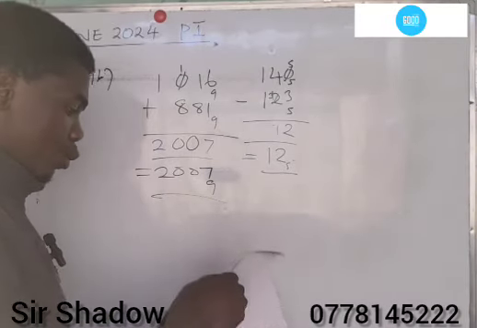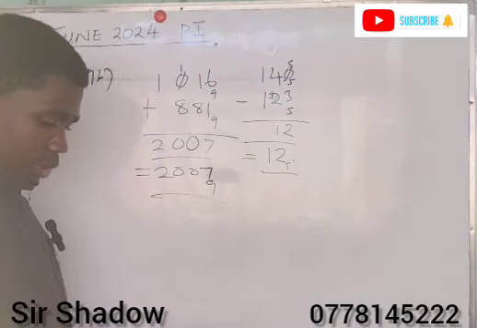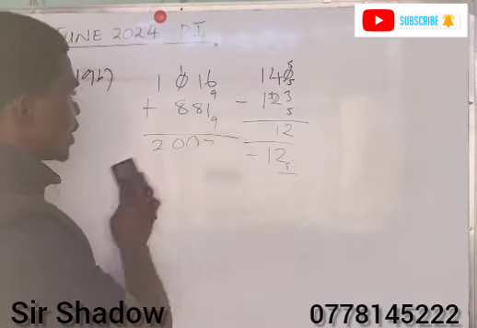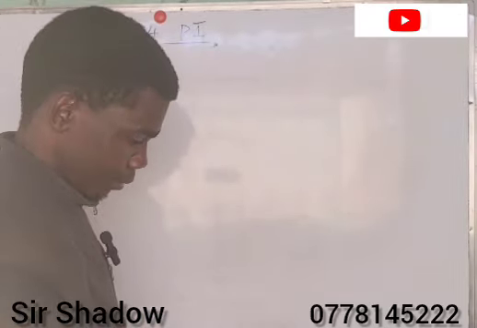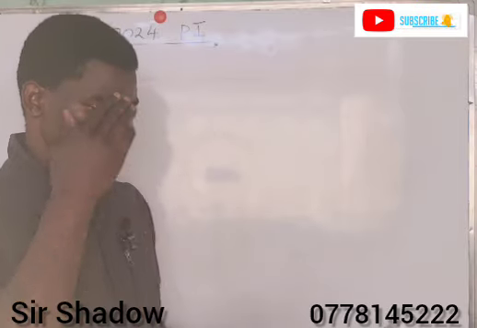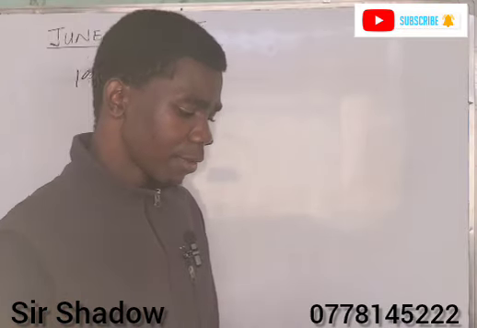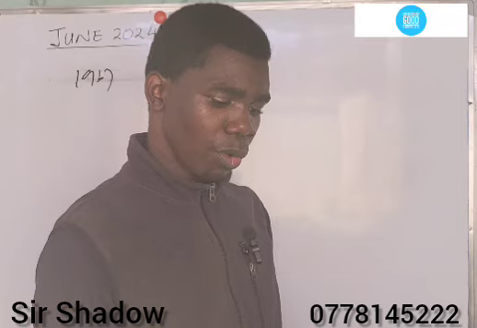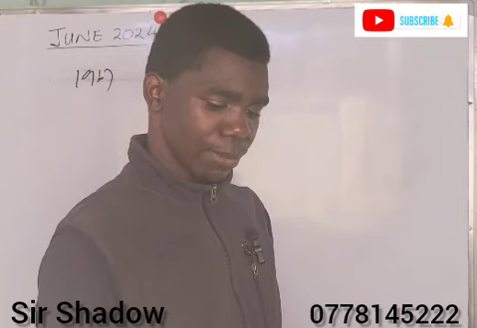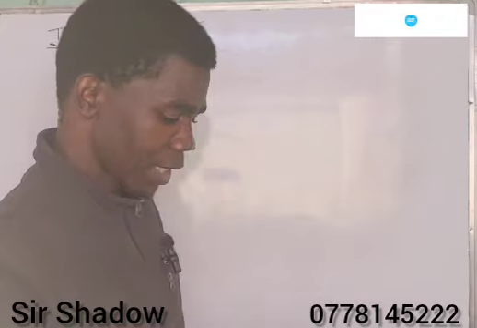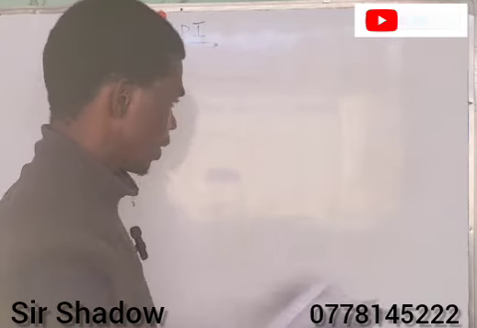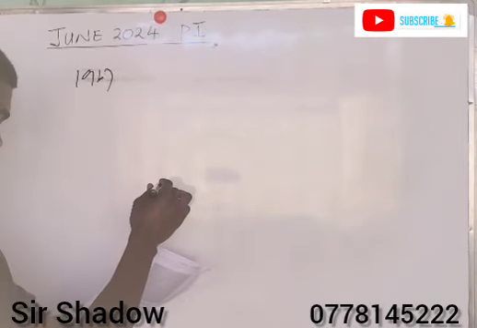Let's move on to question number 20. On question number 20, I'm going to use this diagram. A man went for a walk. He left home at 9:30 a.m. His displacement time graph is given in the graph above. Find the time he arrived.